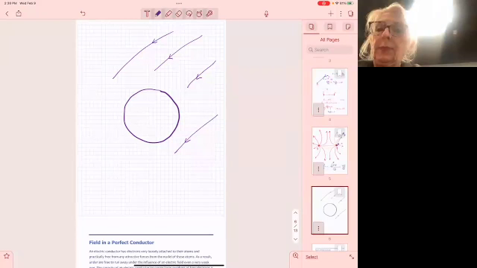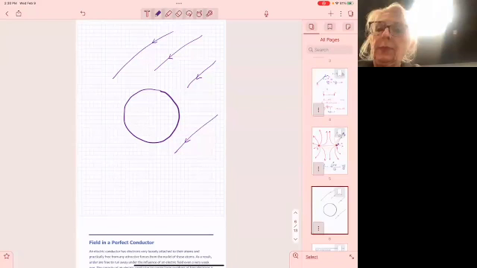What does it mean to be a perfect conductor? You have a lot of free electrons, a lot. Even if you just take a piece of cloth and rub it like that, you increase the temperature. What happens when you increase the temperature? A free electron needs only a little bit of energy to escape from the atom. So even with higher temperature, you have a lot of electrons that flow around.